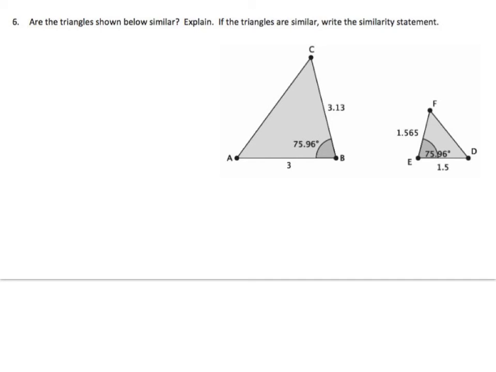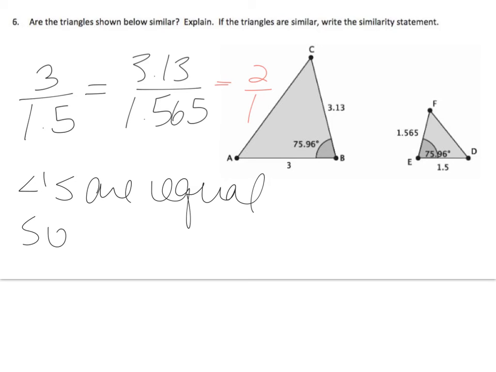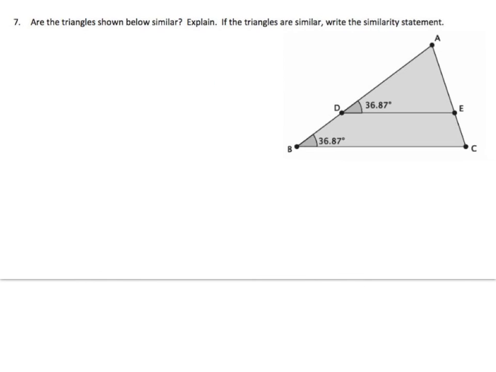Here I have an angle, and the angles are equal, so I'm going to go ahead and check the sides. Okay, here the angles are equal, and the sides are proportional. So I've proved similarity because of side-angle-side. Are the triangles shown below similar? Explain.